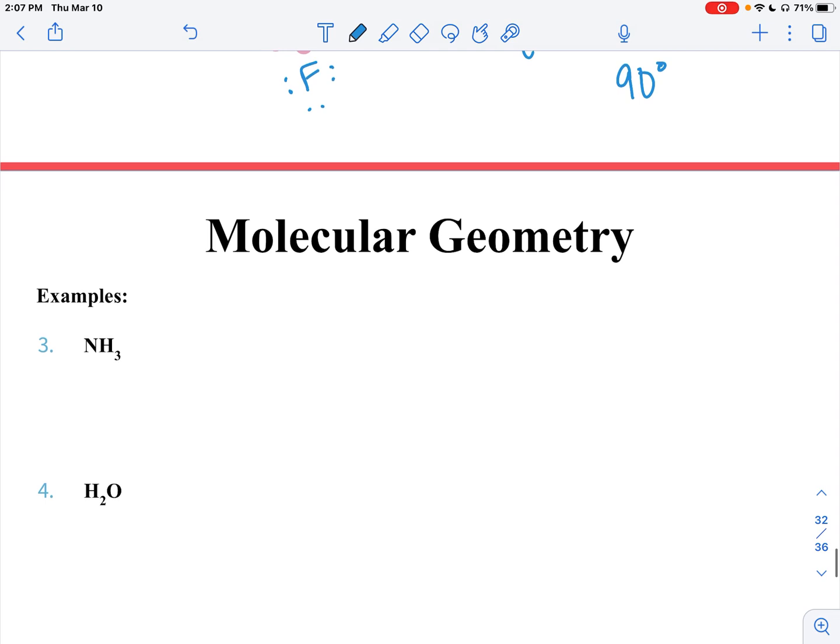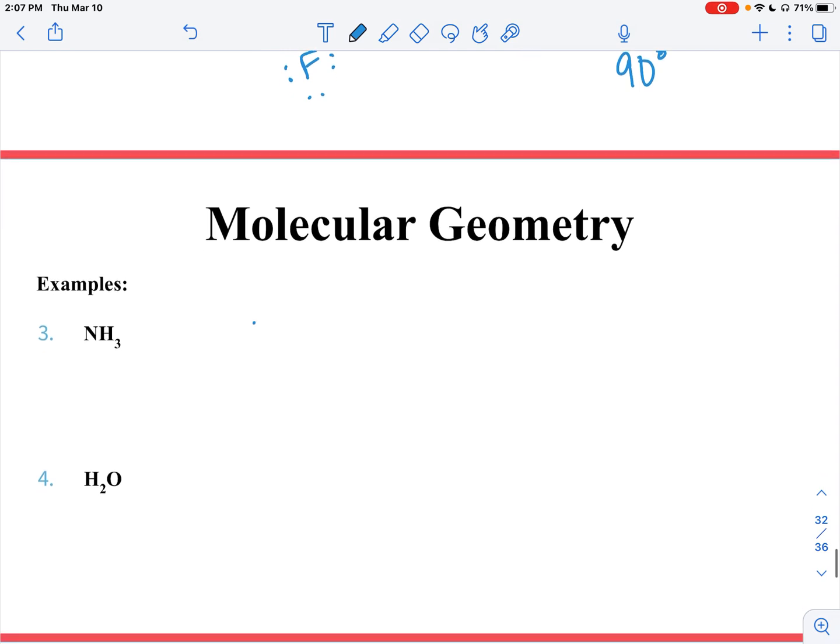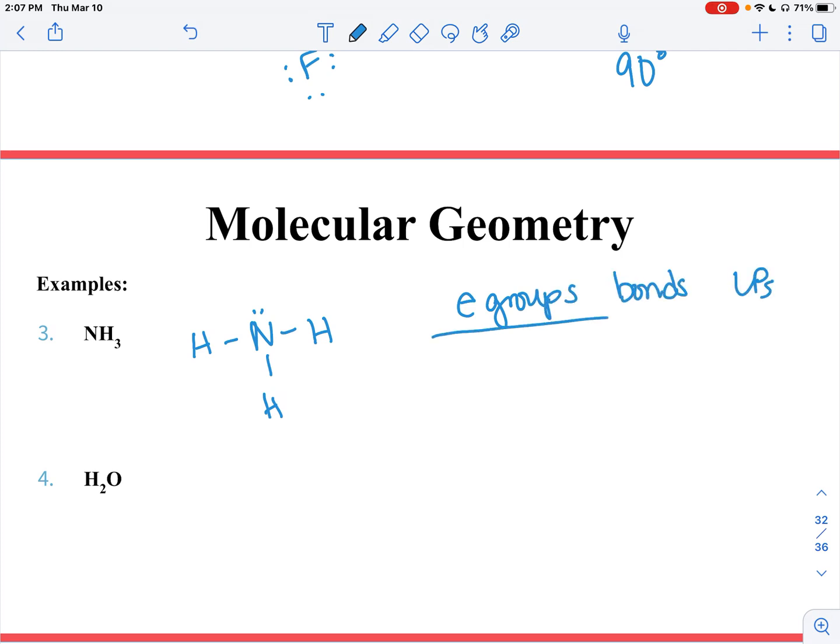So I'll do a couple more examples for you. NH3, the Lewis structure looks like this. So when we do our E groups, our bonds, and our lone pairs, remember around the central atom, we have 4 E groups. 3 of those groups are bonds, and 1 is a lone pair.